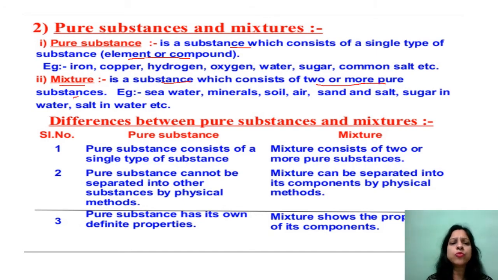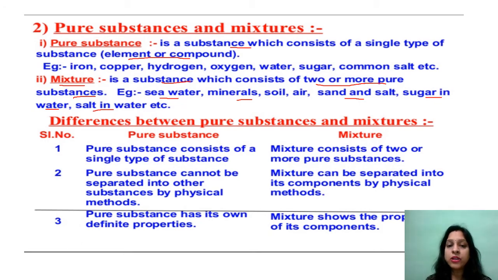When two or more substances are mixed together, a mixture is formed. Like seawater, minerals, soil, air, sand and salt mixed together, sugar and water, which you also call sugar solution, salt solution. These are examples of mixtures.